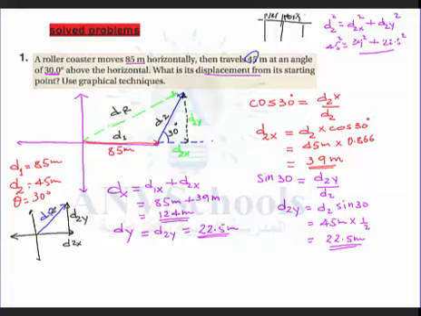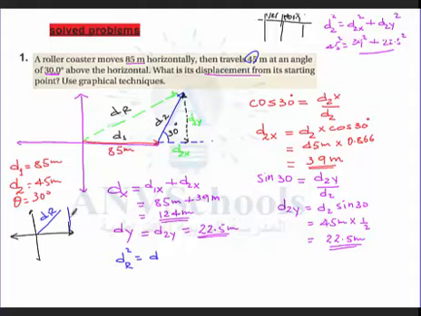So the resultant displacement is calculated by dr square using the Pythagoras theorem. Dr square is equal to dx, the total displacement along x, and dy, the total displacement along y.